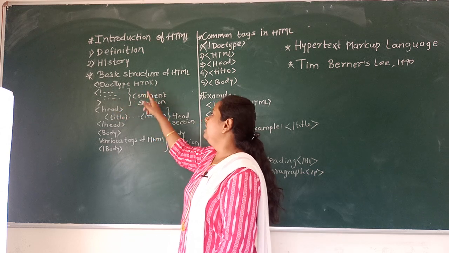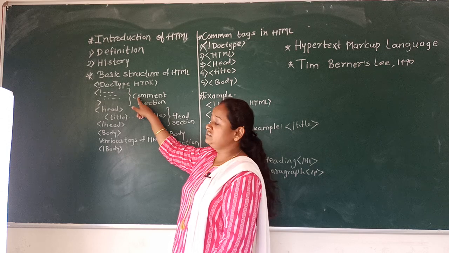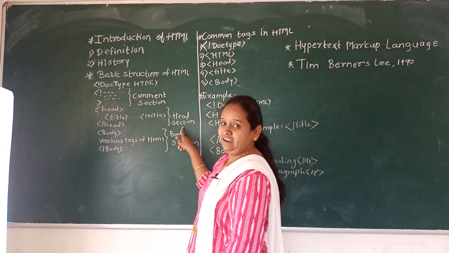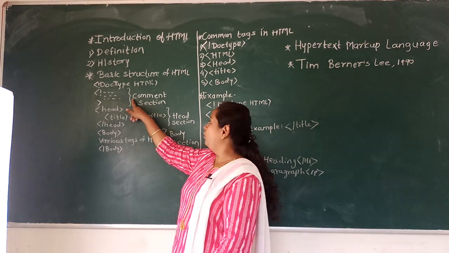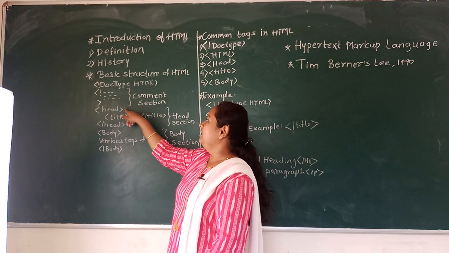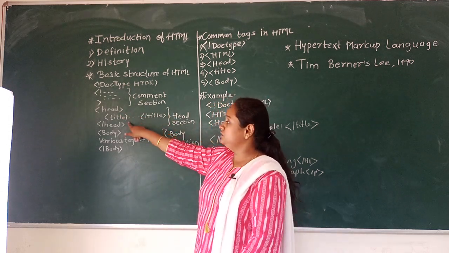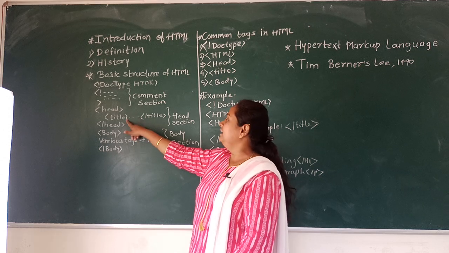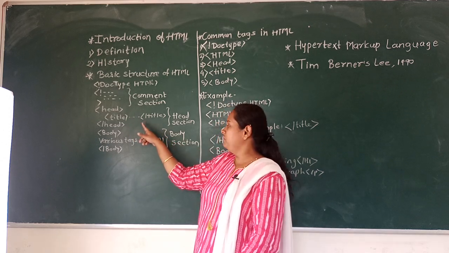And then here there are three sections we are using. The first section is the comment section, then the head section, then the body section. The comment section is used for commenting the document, and in the head section we can use the title tag, and in the title tag we can give the title for the web page.